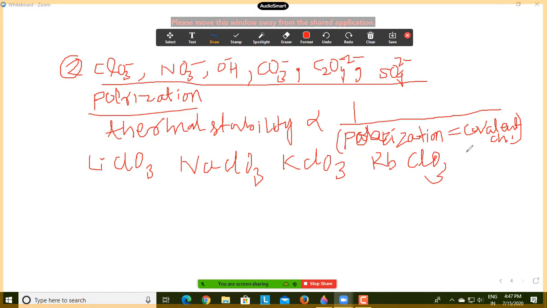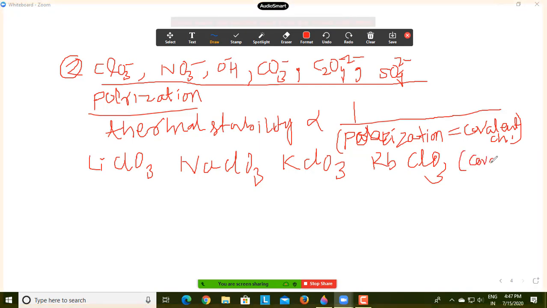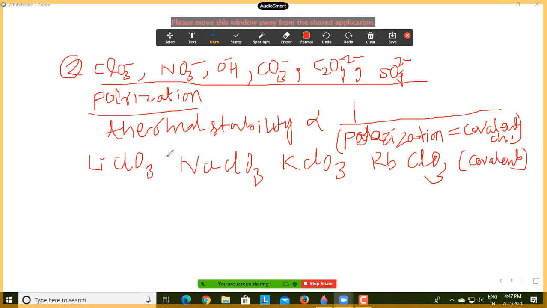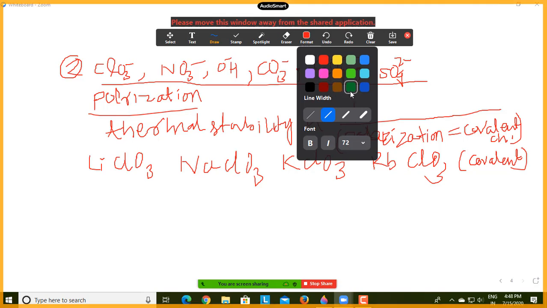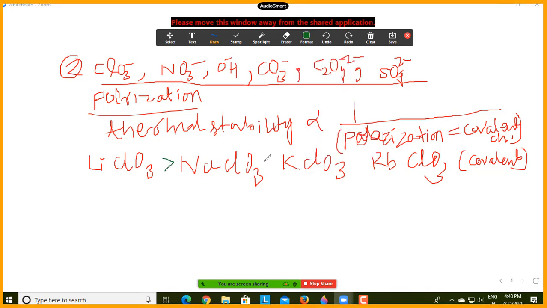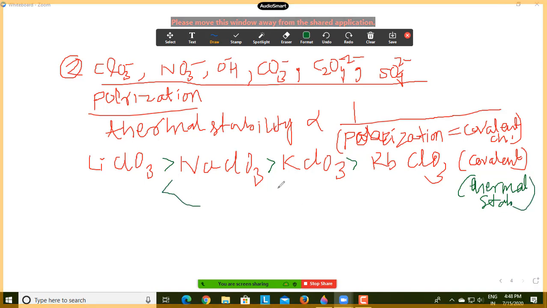Covalent character order, tell me first. Covalent character is decreasing. Yes, very fine. Covalent character is decreasing like this. Then you tell me thermal stability, what order? Thermal stability order is increasing. Yes. All of you understood or not?